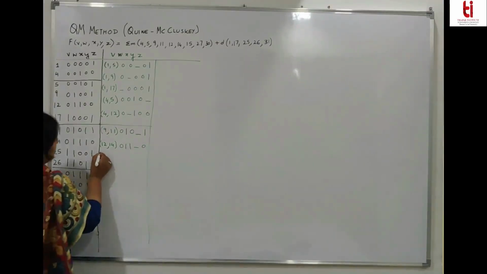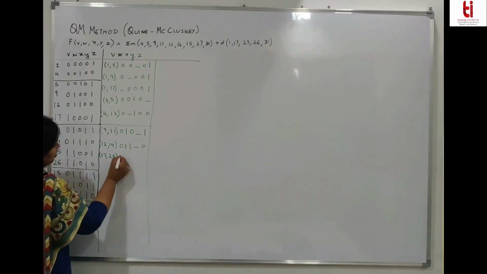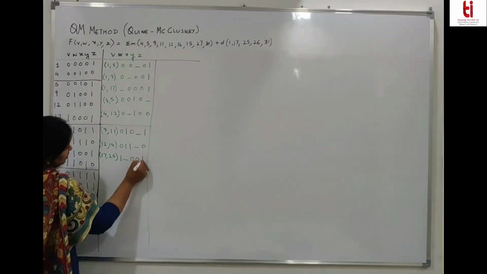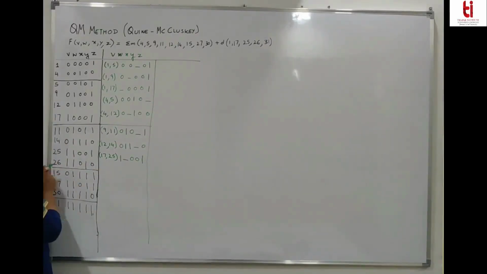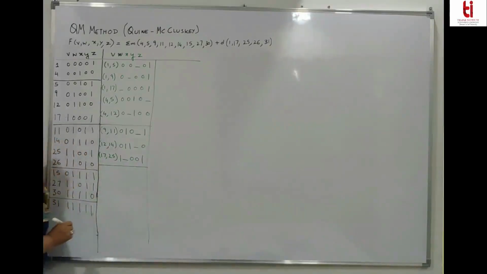Yes. And 17 with 26, again, this bit changes, 3 bits changes, so no. So this is all over. This is all we can make the groups using the min terms which are present in this group and in this group.